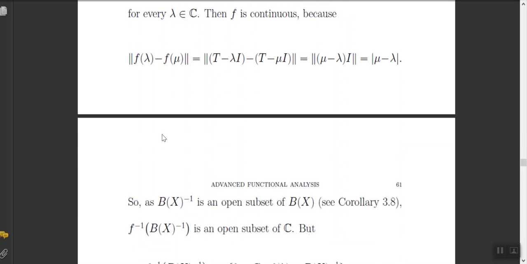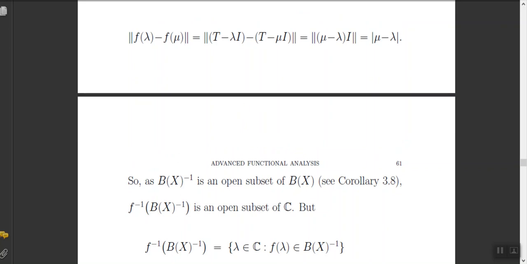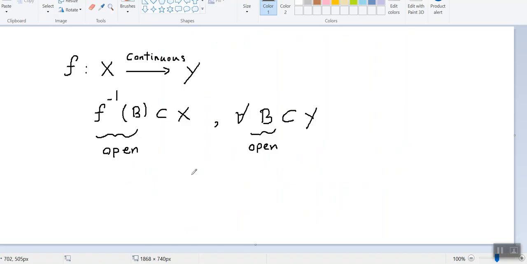Okay, f is continuous, right? Let me remind you of this from topology.